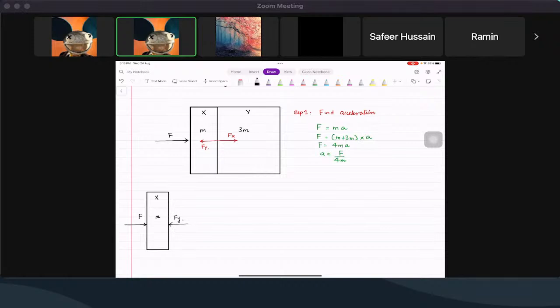So you can just now apply F equals ma, and you could say, okay, the resultant force will be F minus Fy, because it's in the opposite direction, m times F over 4m.